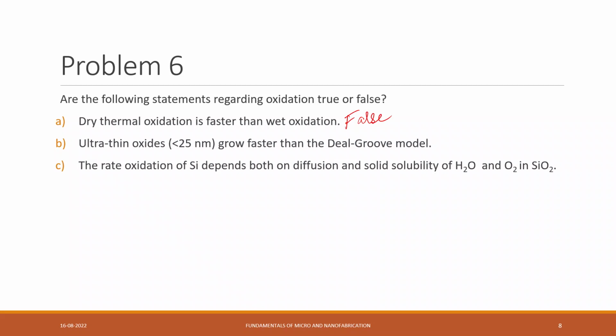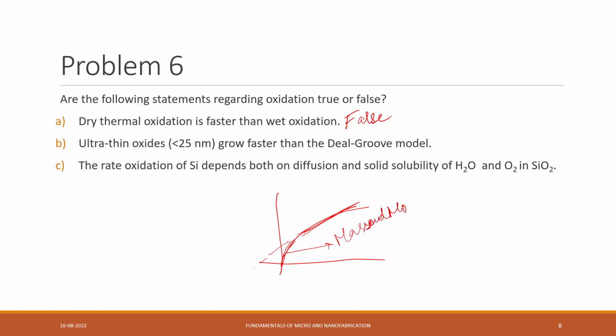We have this Deal Grove model, but for very thin oxides, at initial times, we usually have a trend like this. While the Deal Grove model tells it's linear, actually it comes like this. In the slide, they derive it as the Masood model.